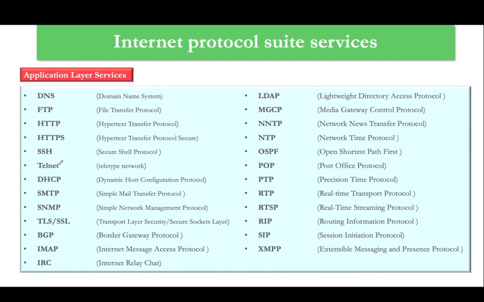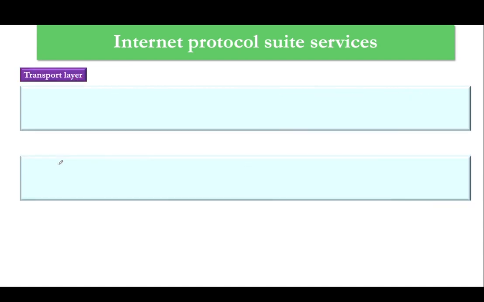The next layer in the TCP/IP suite, or Internet Protocol suite, is the transport layer. As we said, it uses a connection-oriented protocol and a connectionless protocol for establishing the connection between two devices, like in our case, between the target and the attacker, the pen tester.